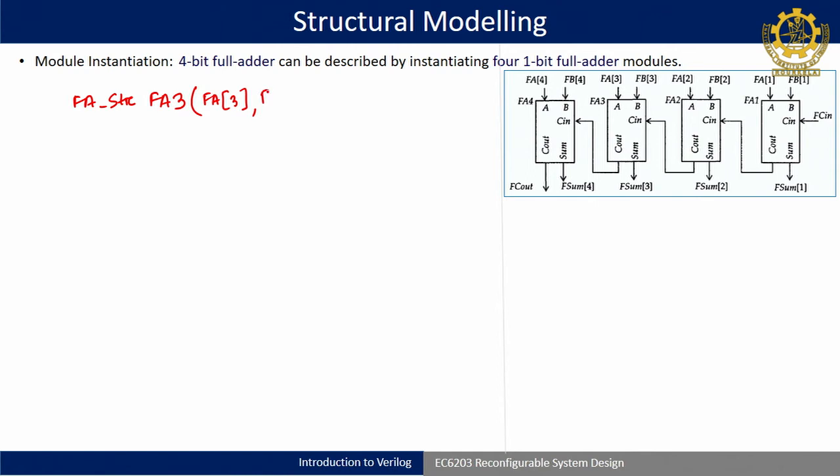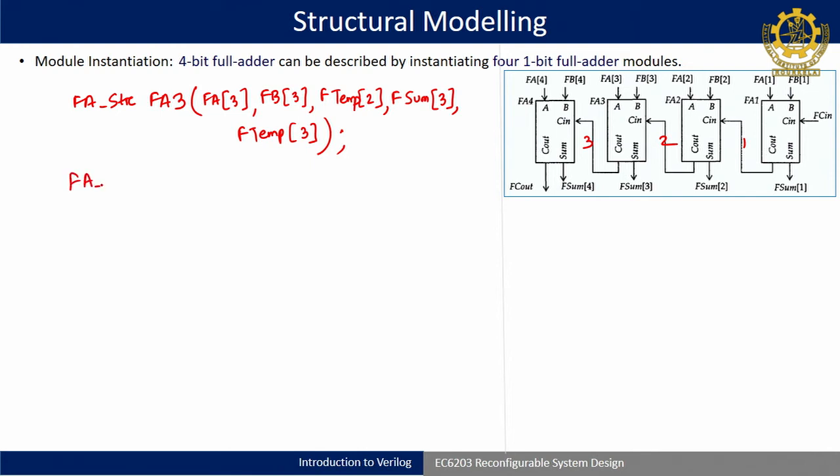Then B is connected to FB3, then Cin is connected to, I have taken this as 2, this is 1, this is 3, so it is connected to ftemp bracket 2, then sum is connected to fsum bracket 3, then Cout is connected to ftemp square bracket 3. Got it? This is another way of writing.